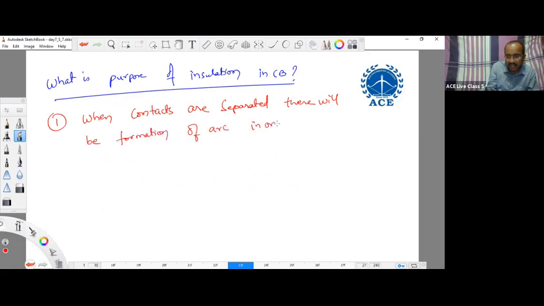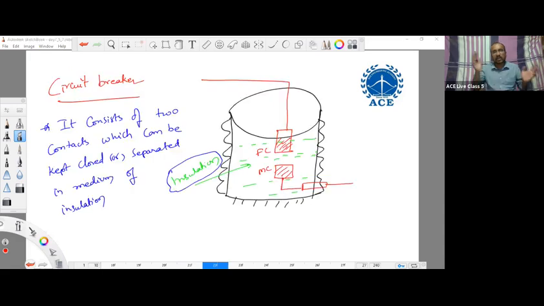In order to quench the arc, we need insulation. Okay. The second reason is, the operating voltages in the system are very high. Suppose if you observe 220 kV, 400 kV, 765 kV, operating voltages are very high.